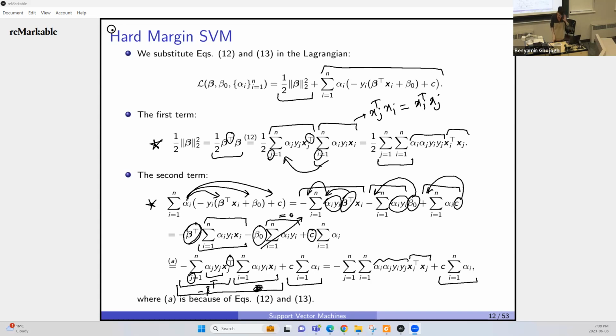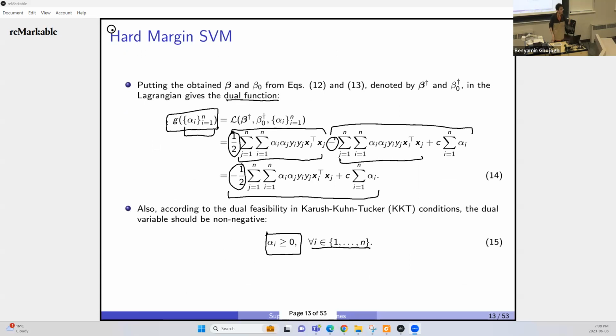When the Lagrangian is purely based on the dual variables, that's called the dual function G. As done in equation 14, you can see we only have alphas here. Note that the x's are the input data, not primal optimization variables.